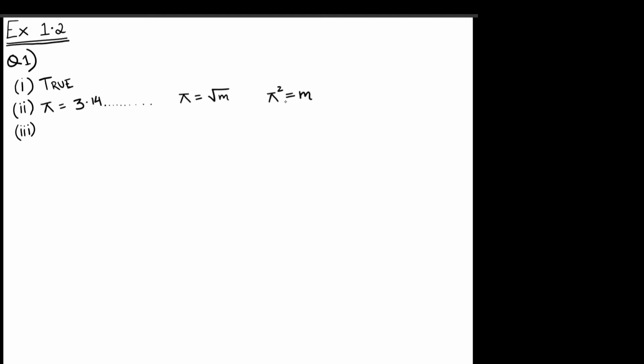It will also be a non-terminating sequence, which would imply that pi square is also irrational and hence cannot be a natural number. So because this statement of ours is validated, our initial assumption of pi being able to be represented in the form of under root m is not true. Hence, we will say that this statement is false.